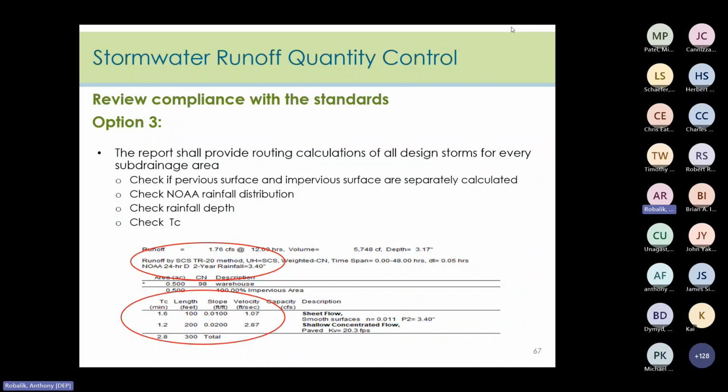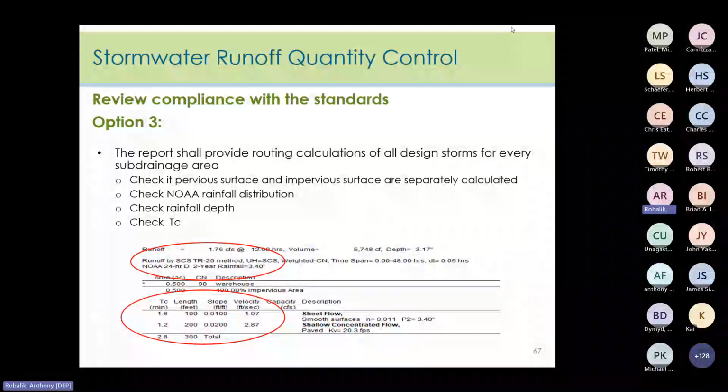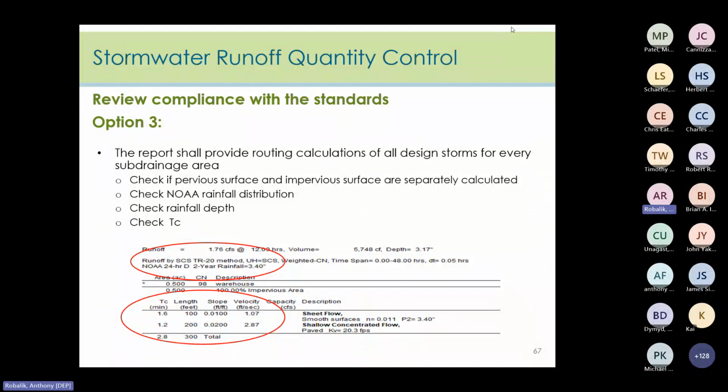Also check that the time of concentration was properly calculated, and lastly, for this slide, check that the time span used captures the full storm event and discharge, and it isn't cut short or truncated.